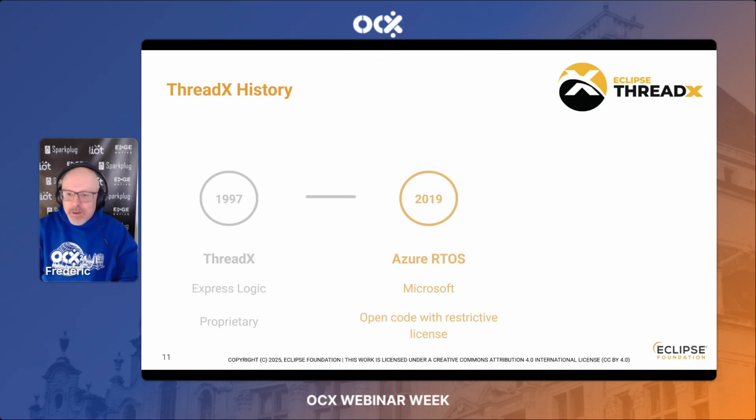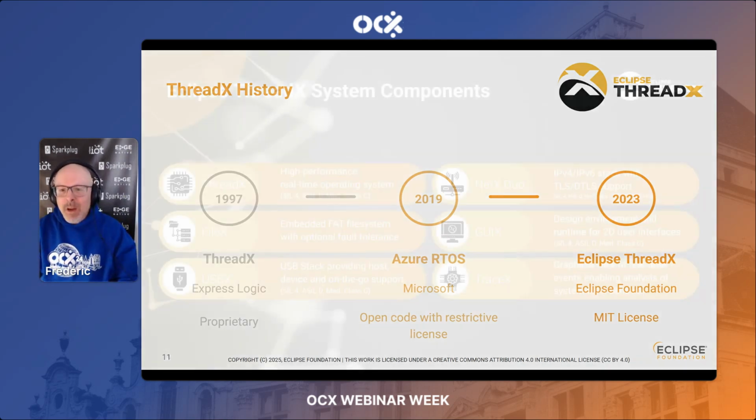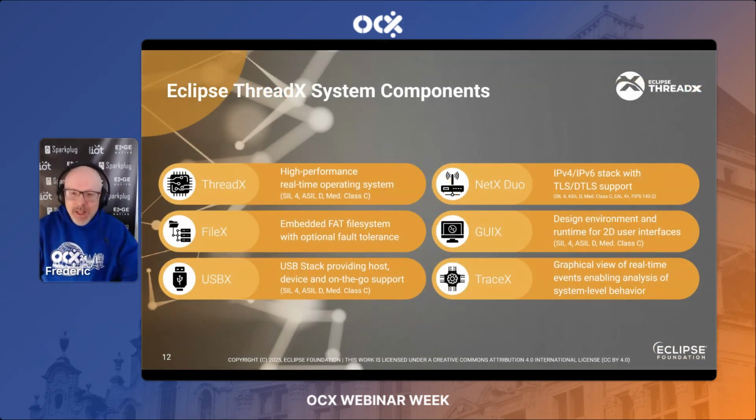After a few years, they realized that this was not necessarily a commercial success, but rather than killing it, in 2023 Microsoft decided to contribute Azure RTOS to the Eclipse Foundation, along with the ThreadX trademark. So ThreadX and Azure RTOS became Eclipse ThreadX, which is now available on GitHub under the very permissive MIT license. Now, ThreadX is the name of the real-time kernel inside the system, but there are other components.